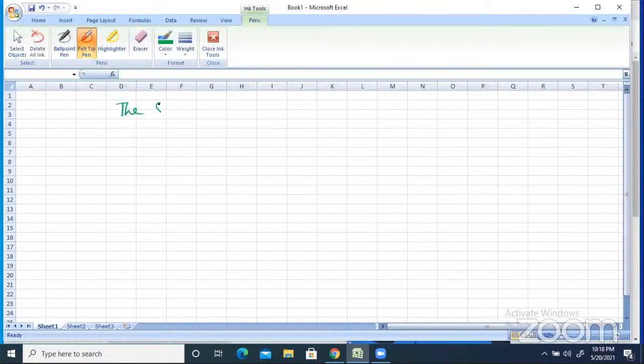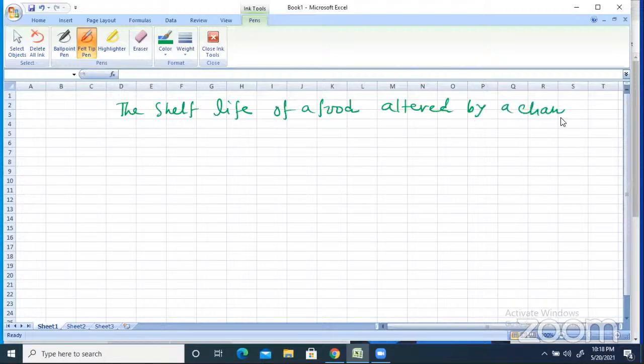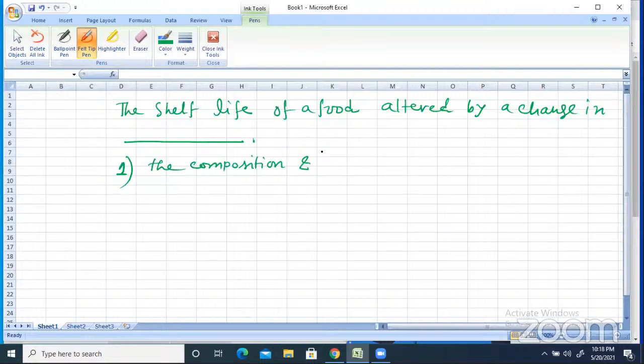The shelf life of a food is altered by a change in, you have to fill the correct answer in the box. Number one option, the composition and formulation.